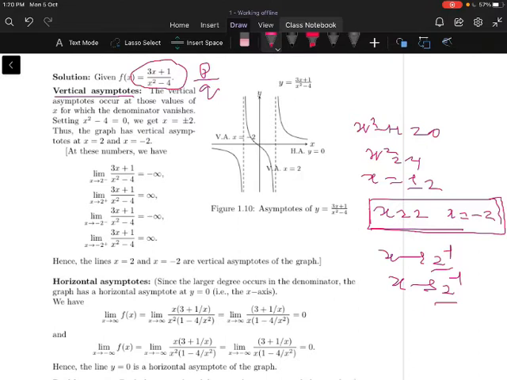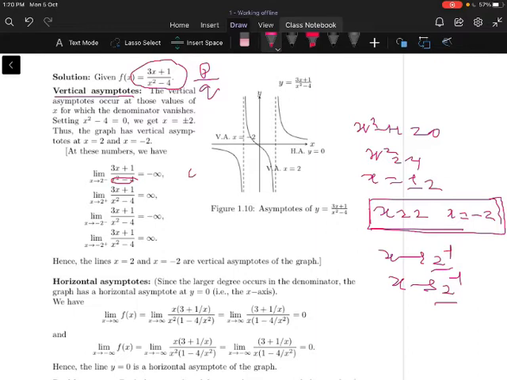Definitely, when you take x tends to 2 minus, say 1.9 like this, 3 into 1.9 plus 1 is positive, and x square minus 4 is there. This is 1.99, almost becoming 0.